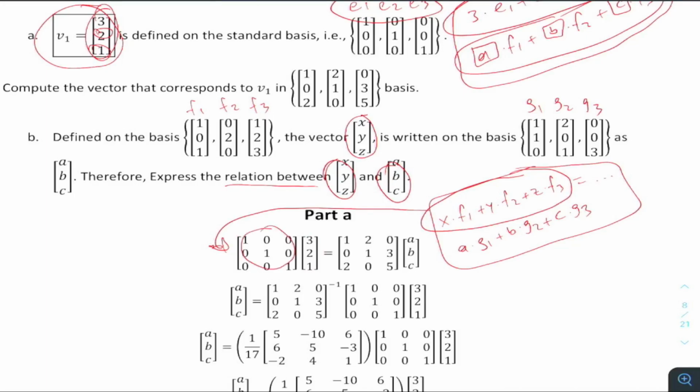Some matrix whose columns are populated by the basis vectors, times the vector in that basis, of course, and again some matrix and the vector. And let me delete a bunch of things.